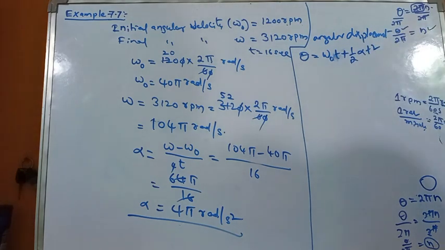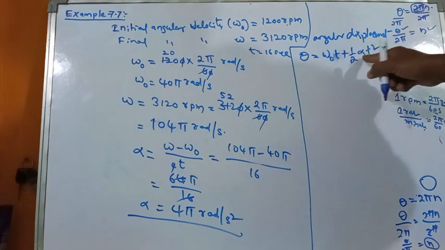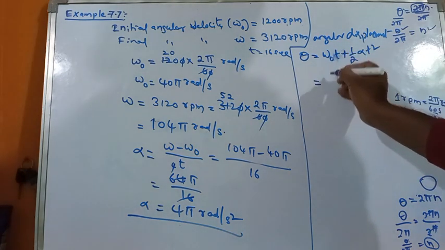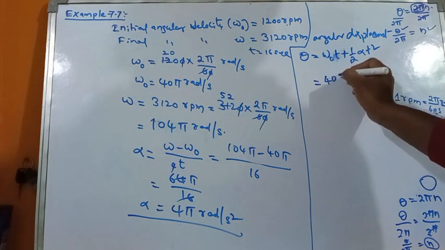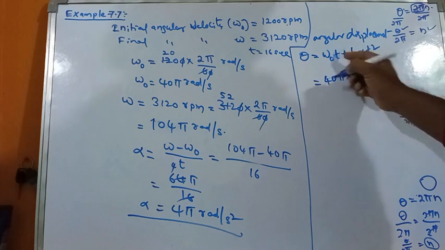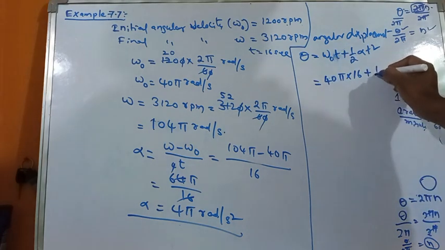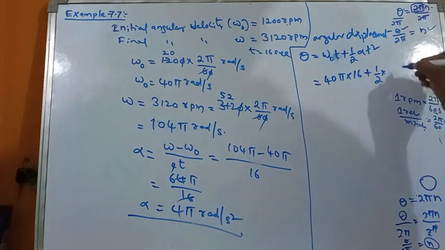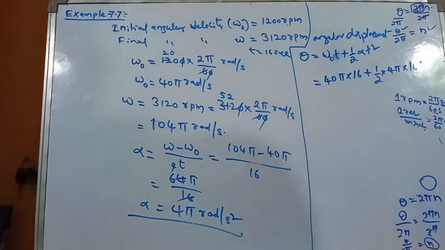This is our formula, the second kinematical equation in rotational motion. So it is equal to omega naught, which is 40 pi, into time, which is 16 seconds, plus half into alpha, where alpha is 4 pi, into t square, and t square is 16 square.